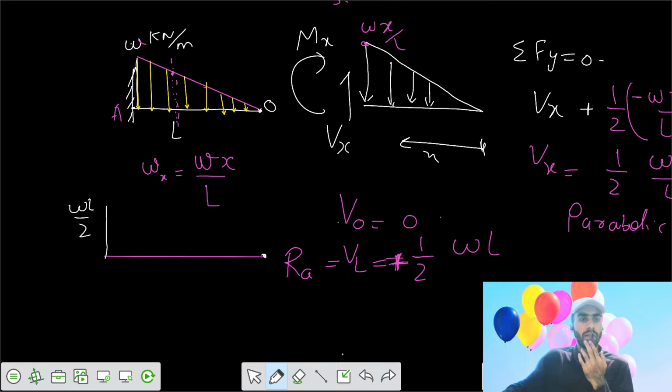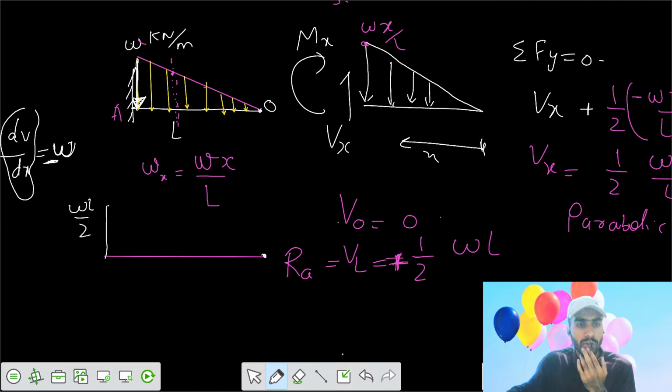We have dV by dx equals the loading intensity. Since the loading intensity is acting downwards, dV by dx equals minus W. So the slope of the curve is negative, minus W, downwards. Now you have to connect the 2 points.